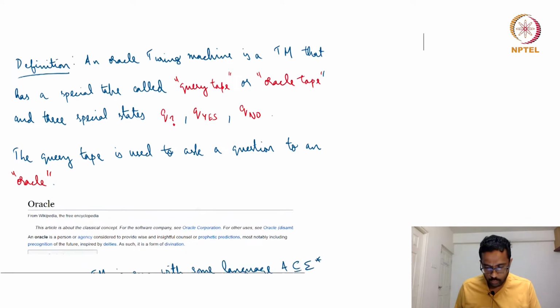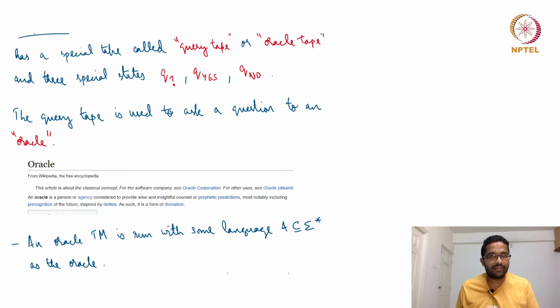If you Google for the word Oracle, obviously there is this software company called Oracle Corporation, but if you look for the English meaning of the word, oracles were people in ancient times or mythologies, maybe in the courts of kings, who used to provide advice supposedly from the gods or from the future, or some prophecy type of things.